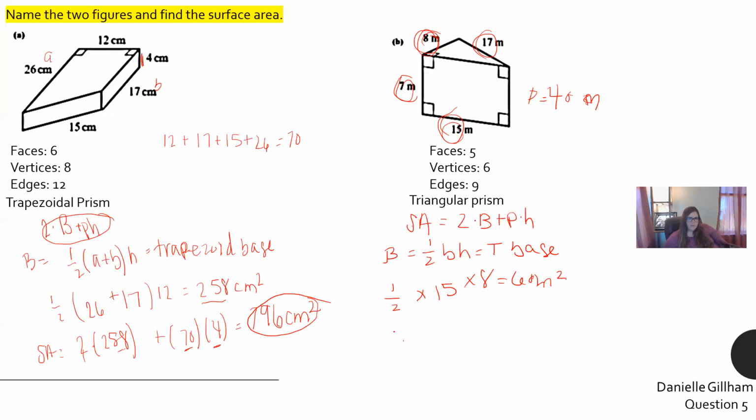And so now down here, to find surface area, that is 2 times your base, which is 60, plus your perimeter, 40, times your 7 height right here. You're going to get 400 meters squared. And that's your surface area.